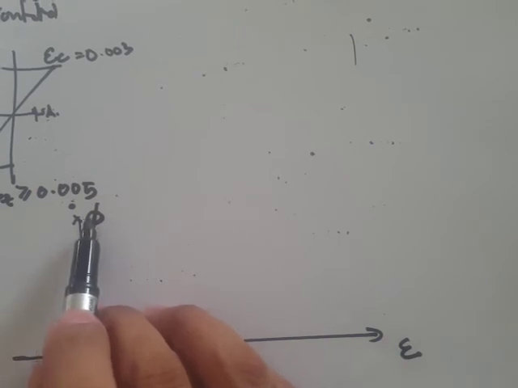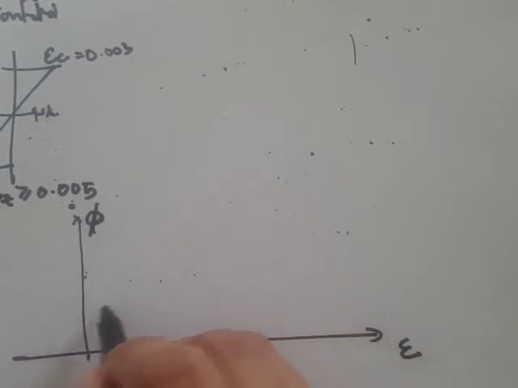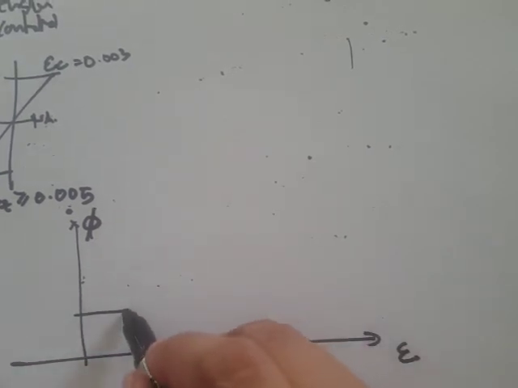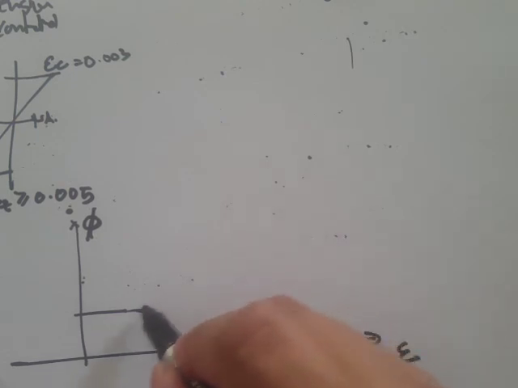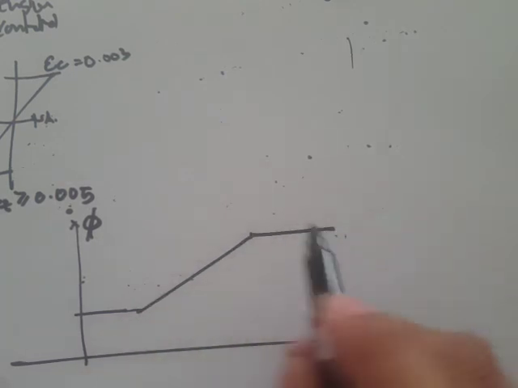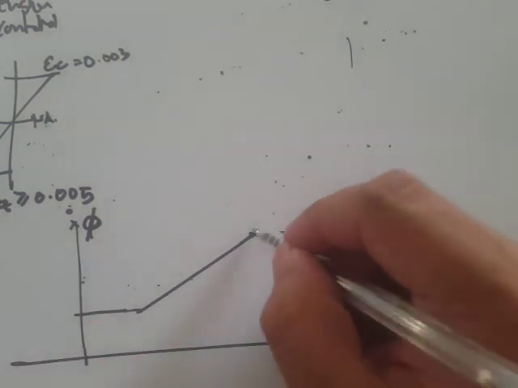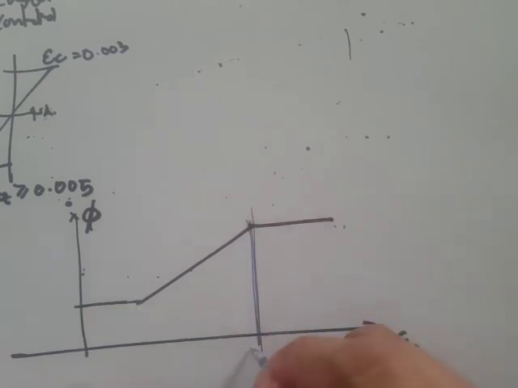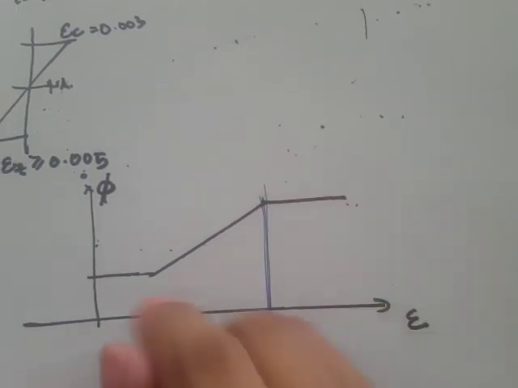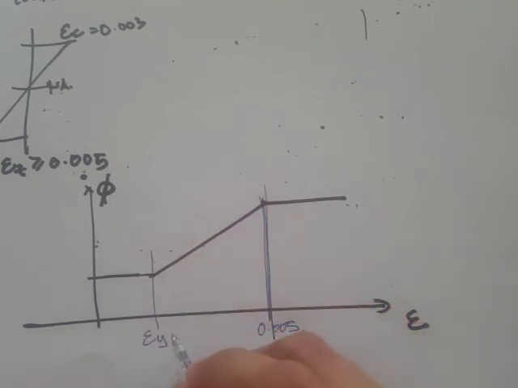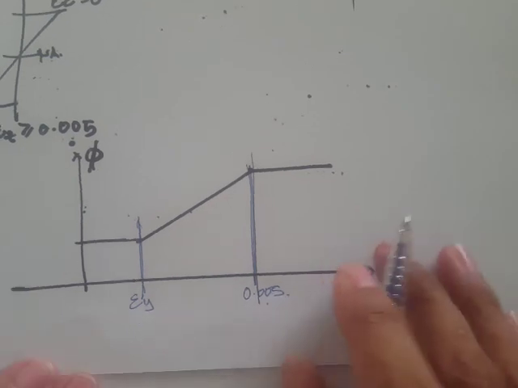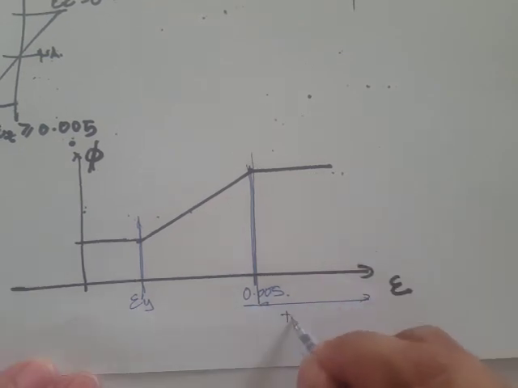Okay, so the value of this strength reduction factor depends upon whether you have a transition region, tension controlled region, or compression controlled. So we have this graph like this. We'll just use the color blue. Here we have a 0.005 strain, and here let's say we have the yielding strain. From this 0.005 onwards, that's what we call the transition.